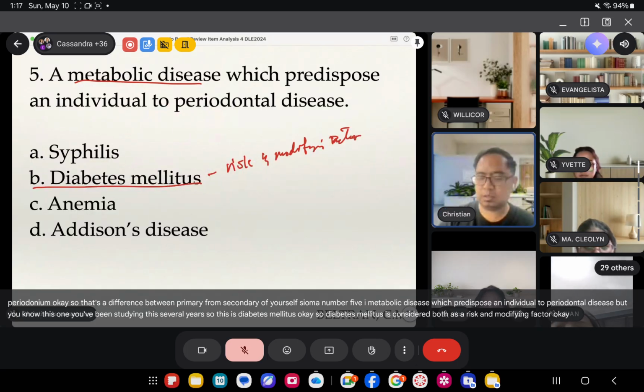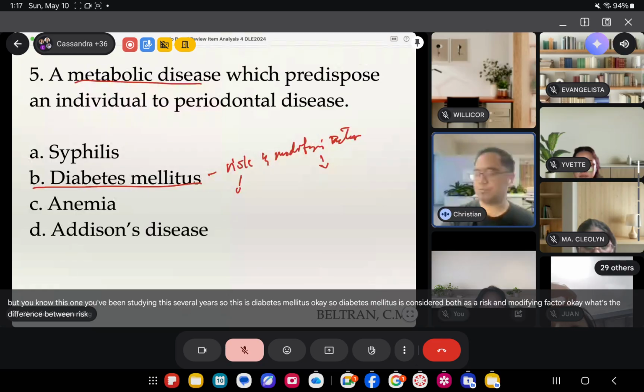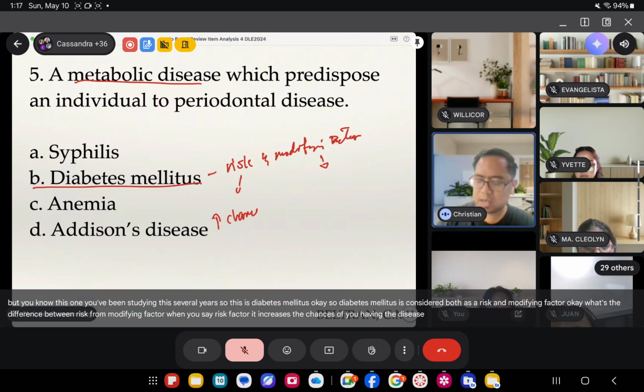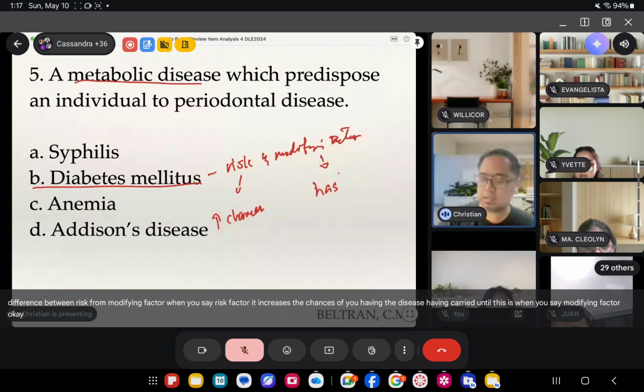What's the difference between risk and modifying factor? When you say risk factor, it increases the chances of you having the periodontal disease. When you say modifying factor, it hastens the disease process.